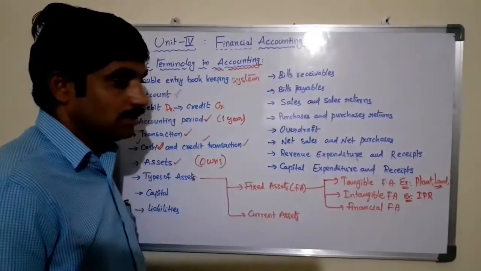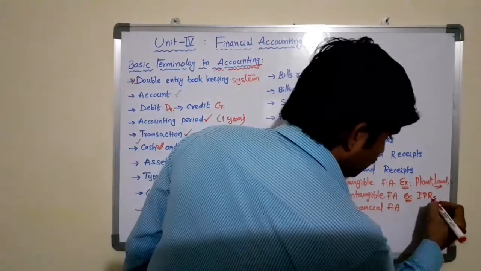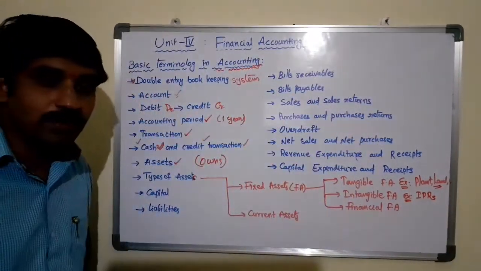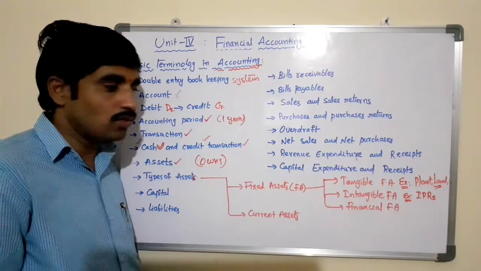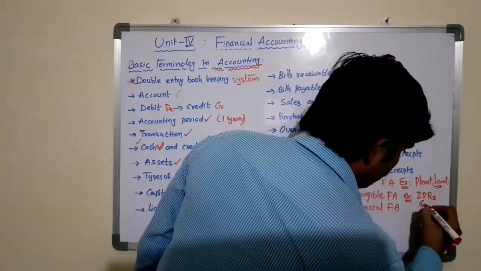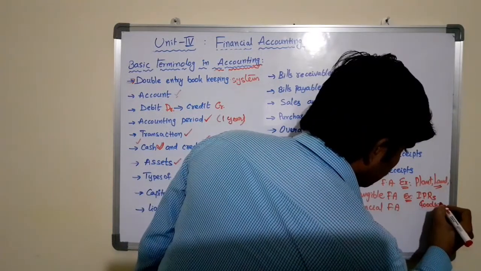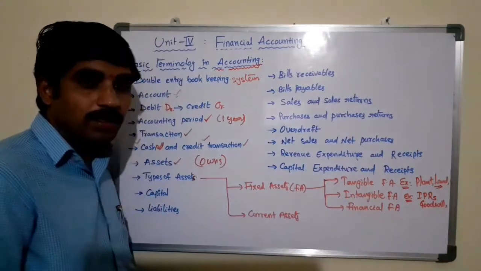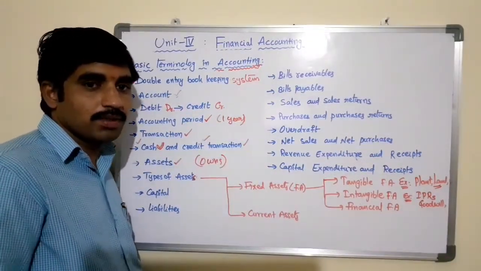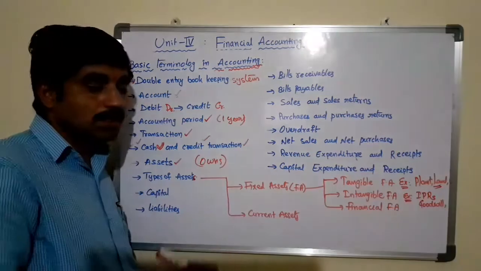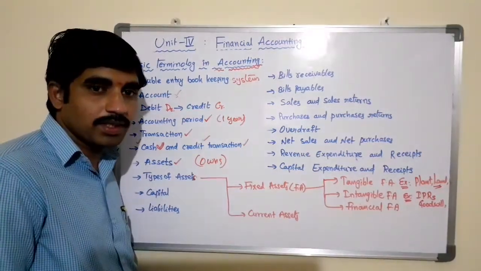All IPRs come under the intangible fixed assets, like goodwill, trademark, brand name, and secrets of the business. All these are IPRs, intellectual property rights.